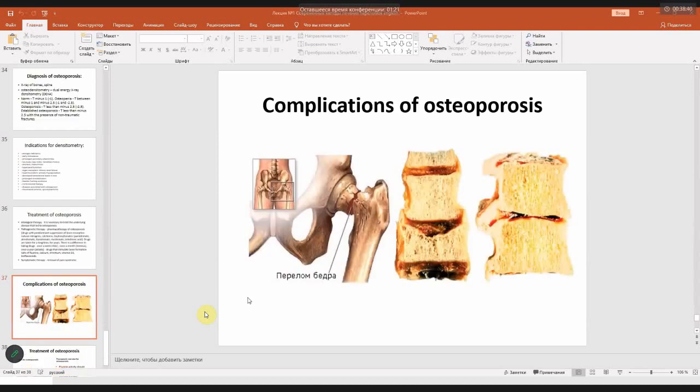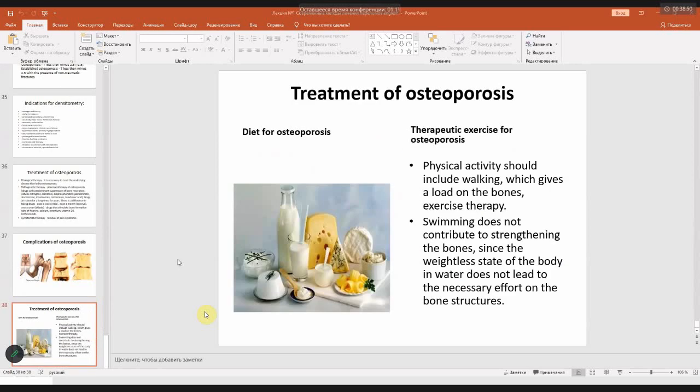Complications of osteoporosis, for example, fracture of the neck of the femur and fracture of the spine. Diet for osteoporosis, for example, milk. Therapy and exercise for osteoporosis.